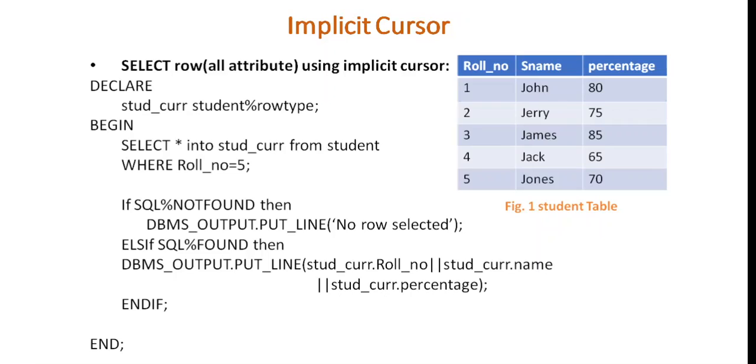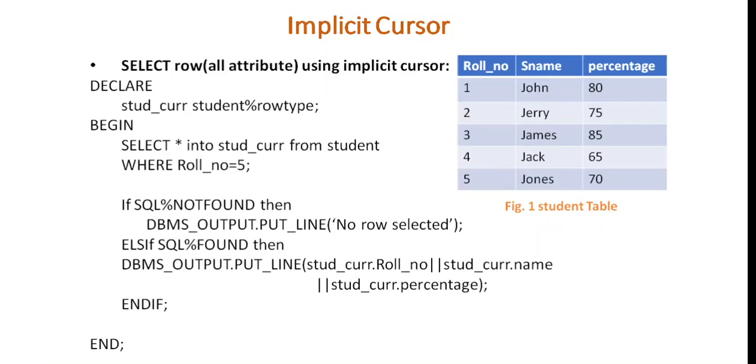While displaying data in dbms_output.put_line, we need to prefix the attribute name with the record name, just like a class and object. So I have written studcur.roll number, which will display the value of roll number. If we want to display the name, we can use studcur.name, and studcur.percentage. Since studcur is a record type variable pointing to the entire row, to display any attribute we need to prefix the attribute name with the record name.